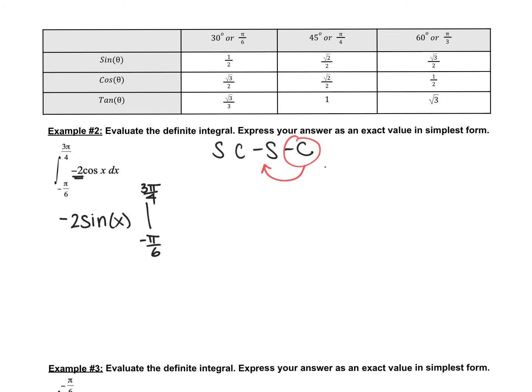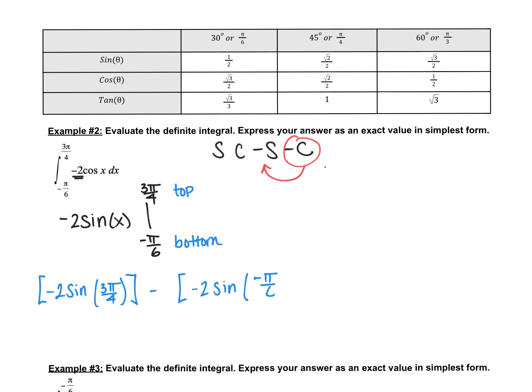Just like before, we plug in our top and our bottom. So negative 2 sine of 3 pi over 4 minus negative 2 sine of the bottom, which is negative pi over 6.